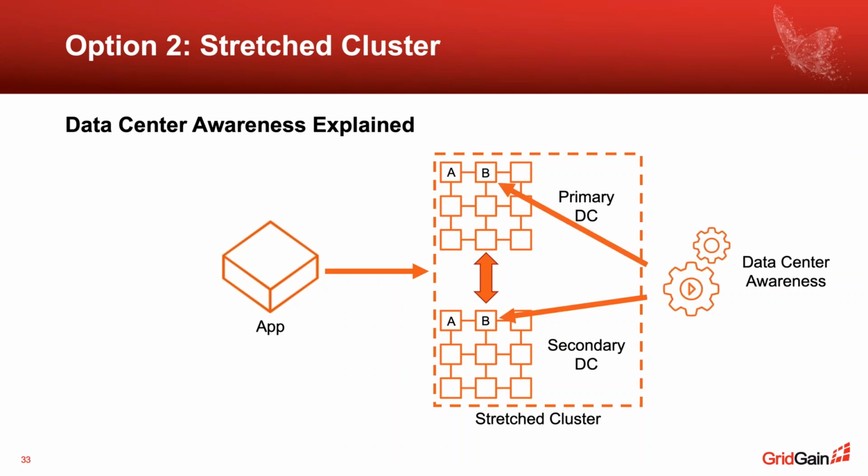To avoid this situation, we have data center awareness, which is a mechanism that makes sure that if we have one copy of A in the first data center, then the second copy will be placed in the second data center. So if we lose one of the data centers, we still have copies of all of our entries, and this is all.